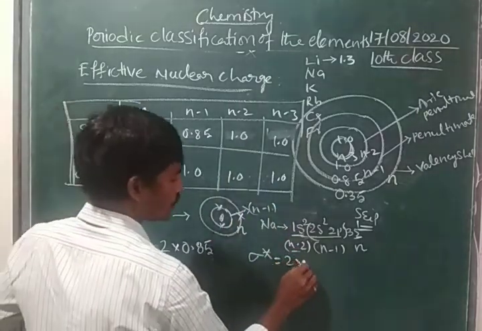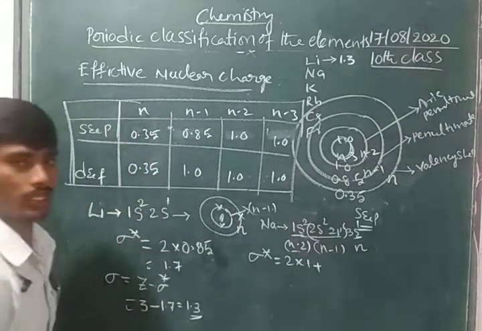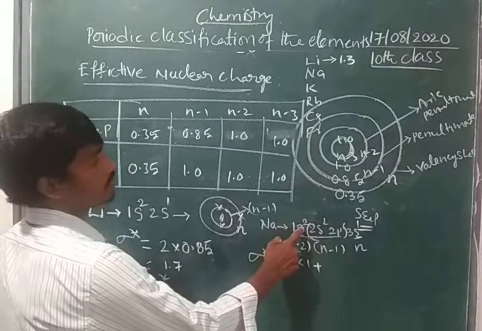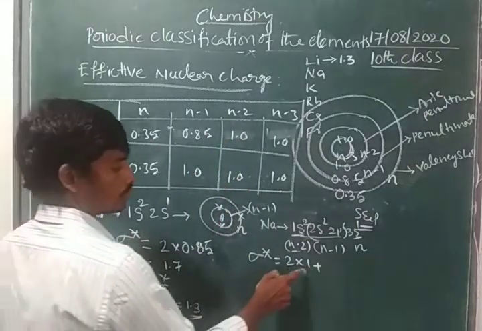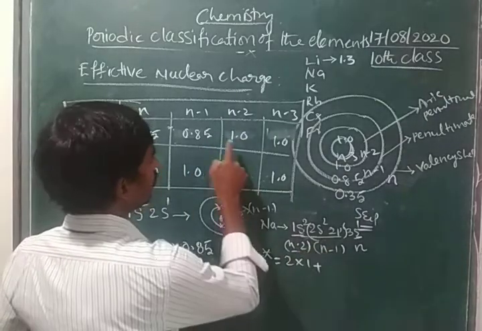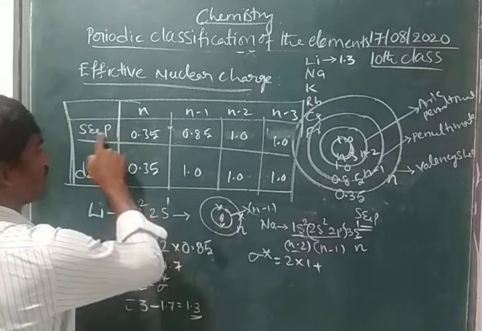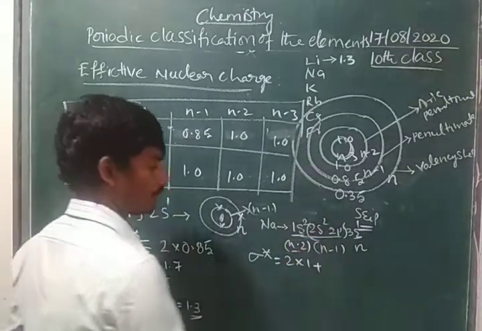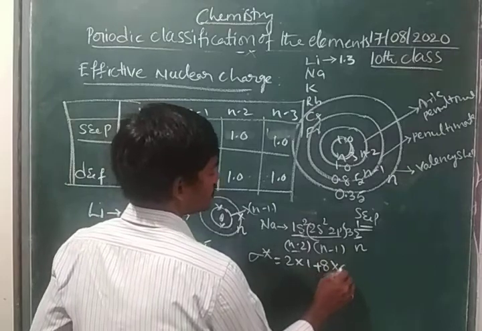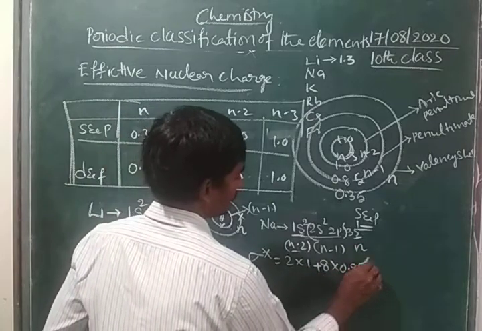That means 2 into 1. For the n minus 1 orbitals, s and p, the value is 0.85, and the remaining electrons, 2 plus 6, are 8. That means 8 into 0.85.